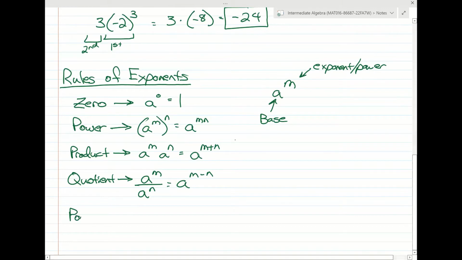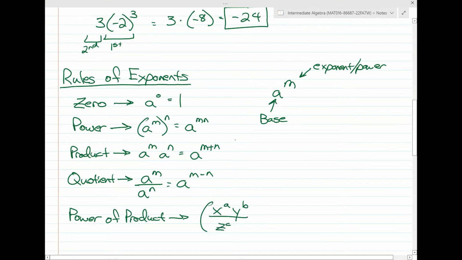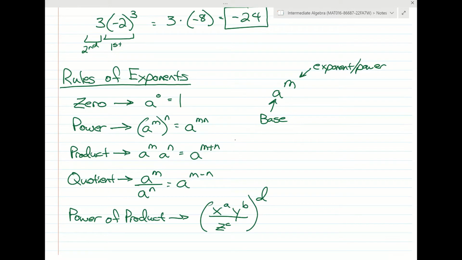And then we have the power of a product, which means if you have variables, powers inside of parentheses, what this means is you just multiply the powers times what's outside.